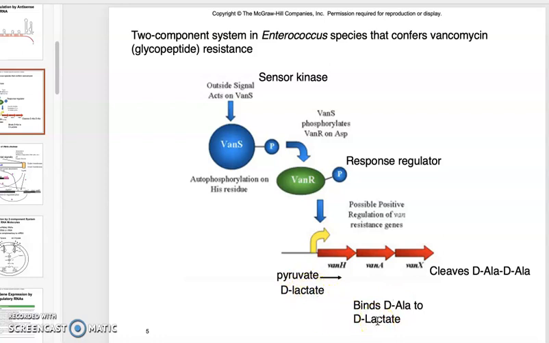And in that process, VanX also cleaves that terminal alanine off, and then the lactate is applied to that terminal alanine by the VanA protein. Anyway, the point is it modifies the target that vancomycin would be looking for, and because the target's no longer available, vancomycin doesn't work, and so you get these microbes like VRE, the vancomycin resistant enterococci.